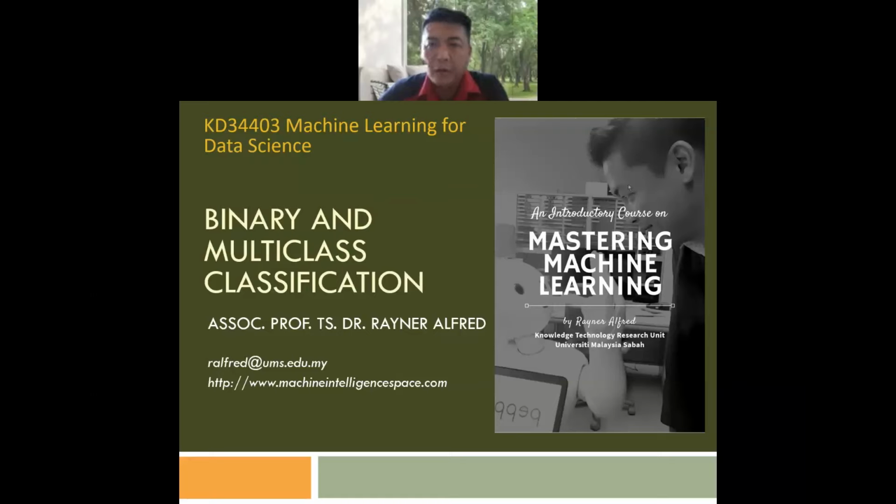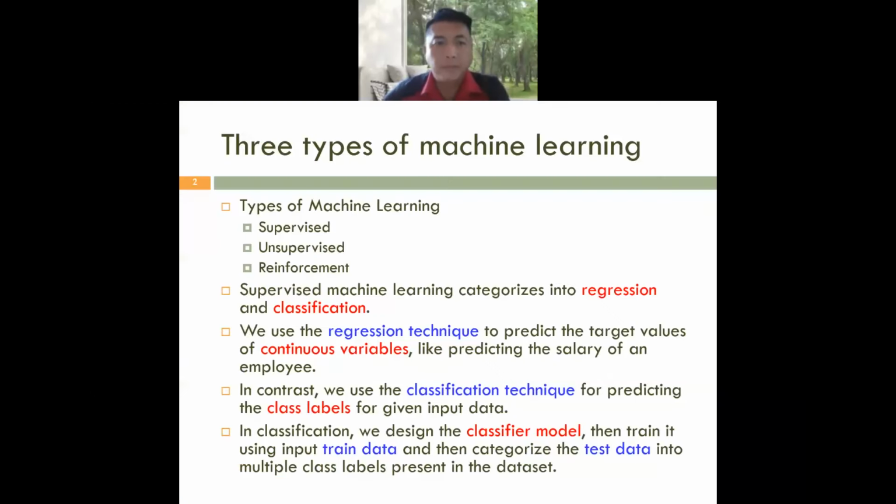For this week, we will look into this concept. Before we proceed, looking into binary and multi-class classification, we refer back to the types of machine learning that we can have when learning our data.